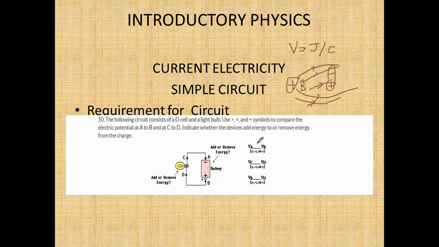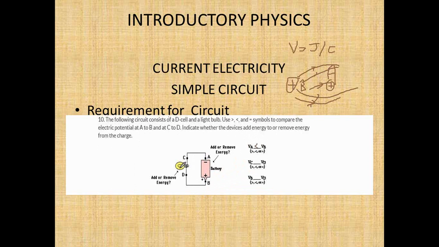This is actually 0, and this is whatever the battery voltage rating is. So the voltage at A is less than the voltage at B. What about C and D? This is C and this is D.